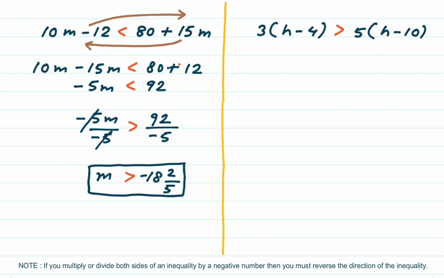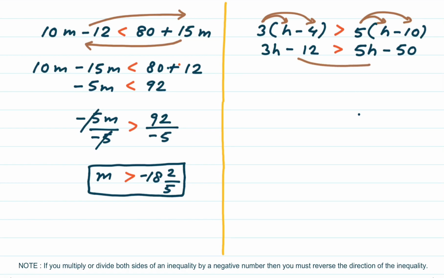In the next question, we are going to expand the brackets, and so we get 3h minus 12 is greater than 5h minus 50. We will keep the negative 12 on the other side and 5h on the left side.